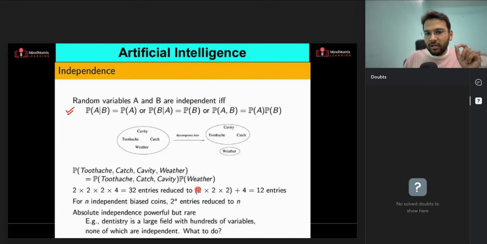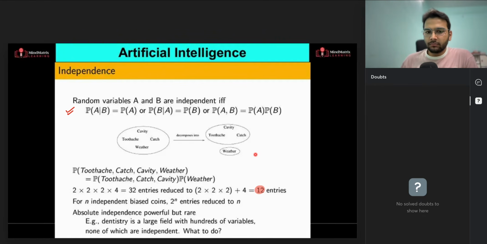Now you have how many? 2 into 2 into 2, that is for cavity, toothache, and catch, plus 4 values for weather. Now you have 12 entries. So can I say somehow I have reduced it? How have we reduced it? Whatever random variable is independent, we have removed it and kept it separately. Is this clear? So far we have reduced from 32 to 12. Any doubt, anyone?